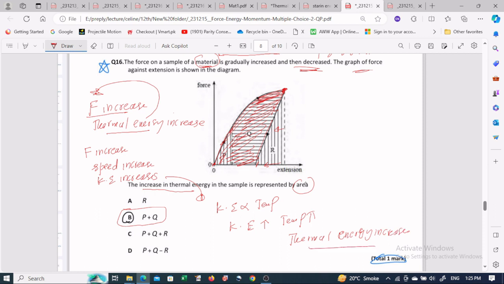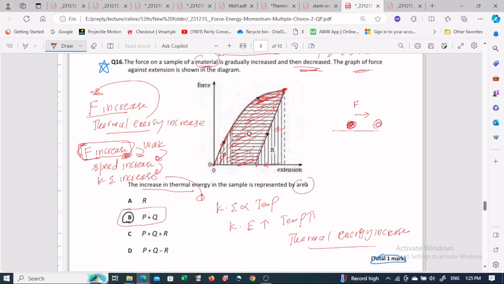So the question is why, by increasing the force, the speed increases? Because, as we know, when we apply a force on any material, there is a change of energy, because when we apply the force we perform work, and according to the work-energy principle, this work is converted into energy. For example, if there is a ball and we throw it, we apply a force on the ball and it will move.